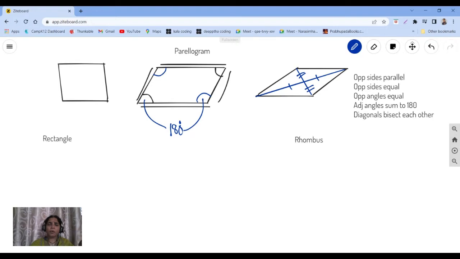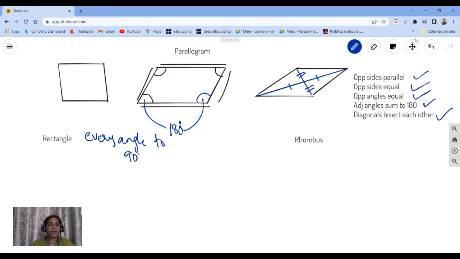Now, many other shapes come under parallelogram. Let's see. Out of all these properties, what if we add one more additional property? That means opposite sides are parallel, opposite sides are equal, opposite angles are equal, adjacent angles sum to 180, diagonals bisect each other. Along with that, one more property: every angle equal to 90 degrees.